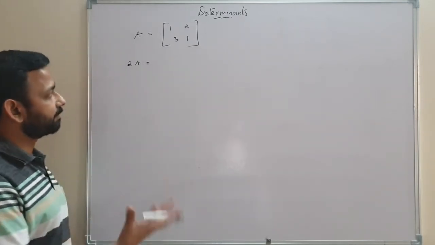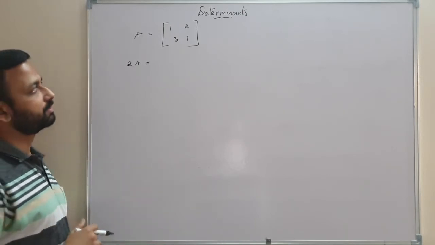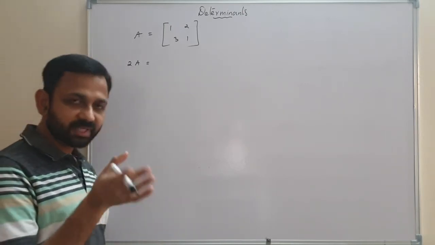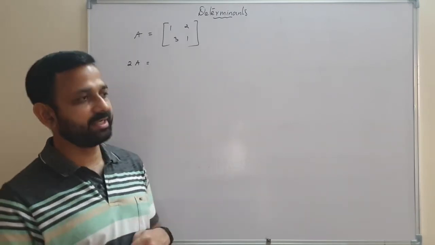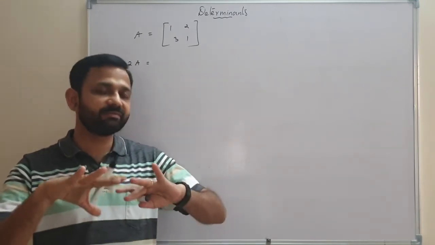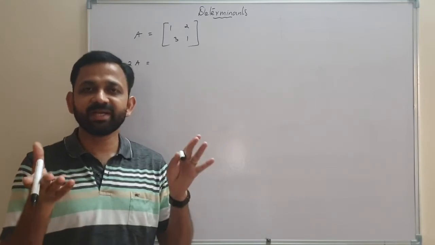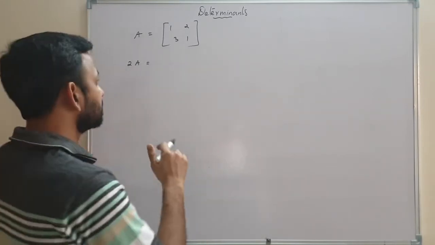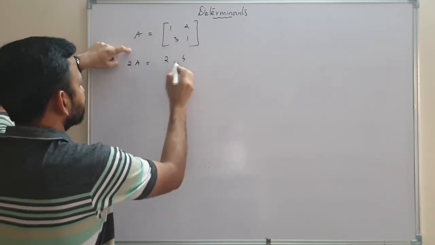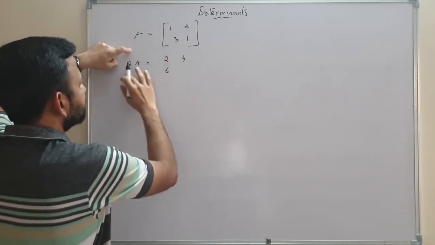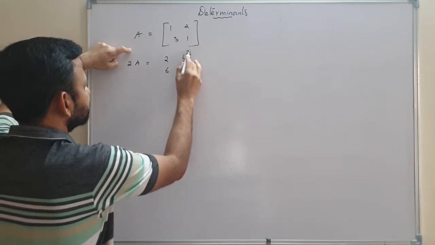In chapter 3 we learned, if we multiply a matrix by a scalar quantity, we have to multiply each and every element of that matrix by that number. So here 2 into 1, 2, 2 into 2, 4, 2 into 3, 6, 2 into 1, 2. So that is the answer.